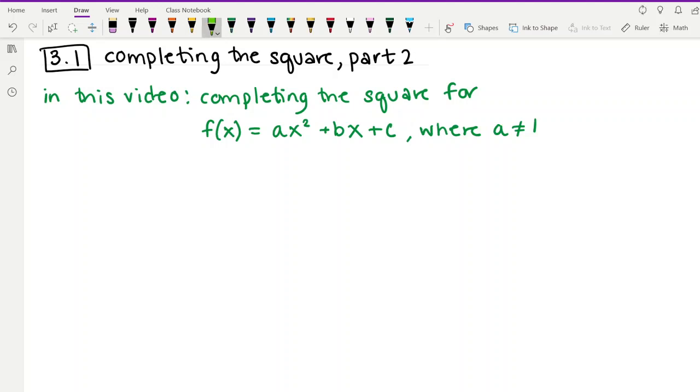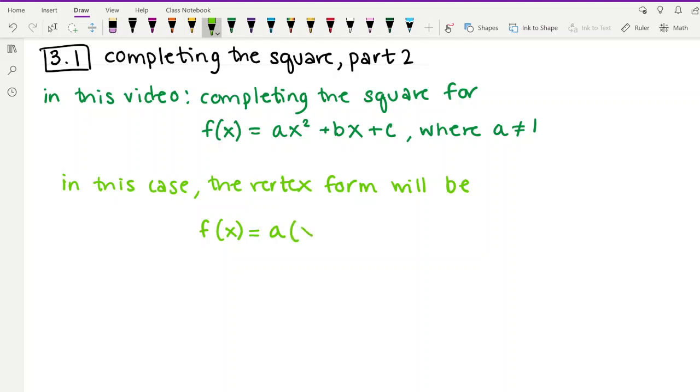One thing I just want to mention, and this is going to be really important to realize as we go through the examples, is that in this case the vertex form will be something that looks like this: f of x is equal to a times x minus h squared plus k.